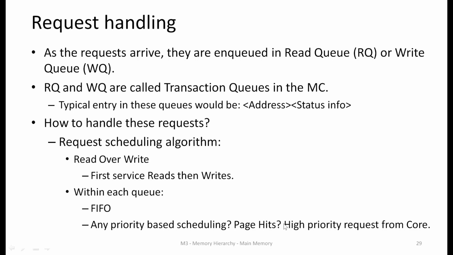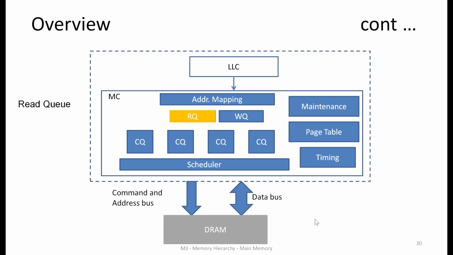For example, if the current request is of high priority as indicated by the core, we can prioritize it so that it can go back to the core as fast as possible. So all these are part of the read queue, write queue and the request handling. This is the second job of our memory controller.